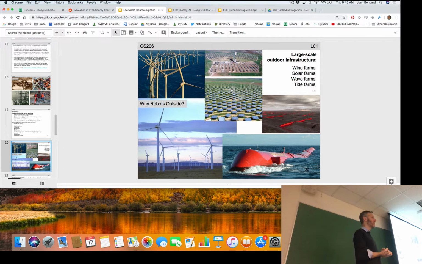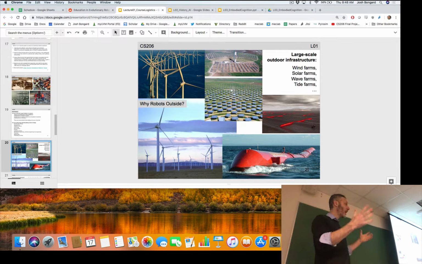Maybe we build some intelligence into the turbine so that it can adapt to changing conditions and maybe minimize the amount of maintenance we have to do over time. What's starting to become obvious with the deployment of these very large-scale green energy farms is that robotics and AI are going to be a necessary component of these systems. How and in what way, again, is an open question.